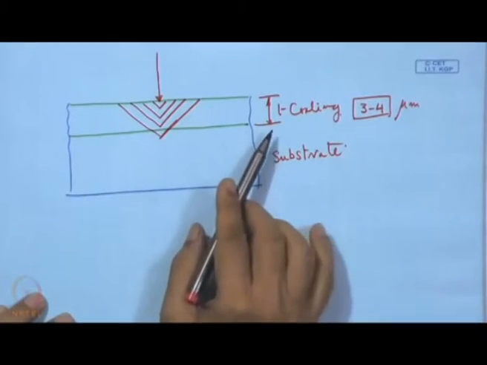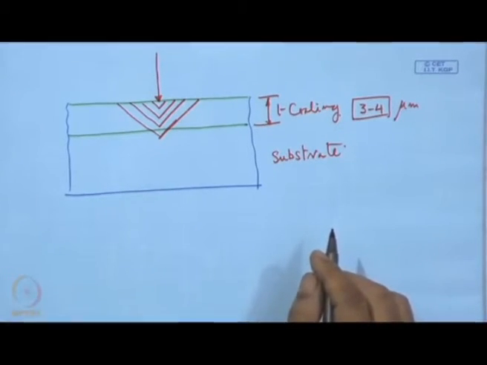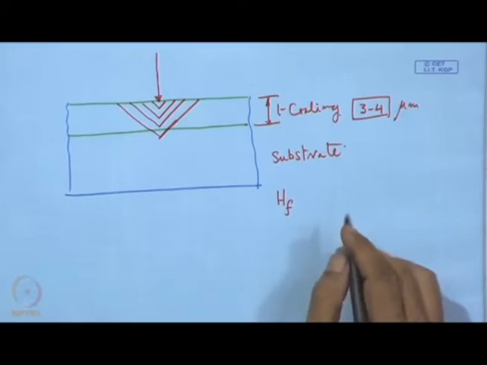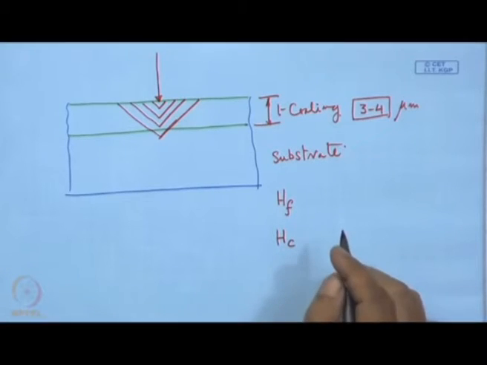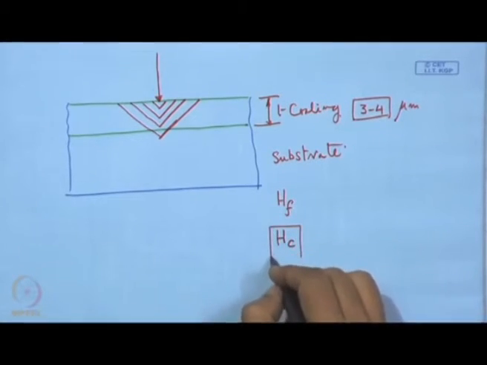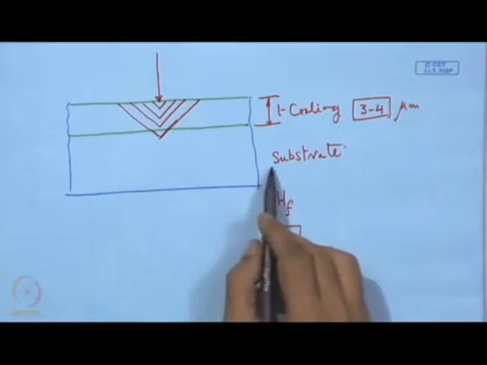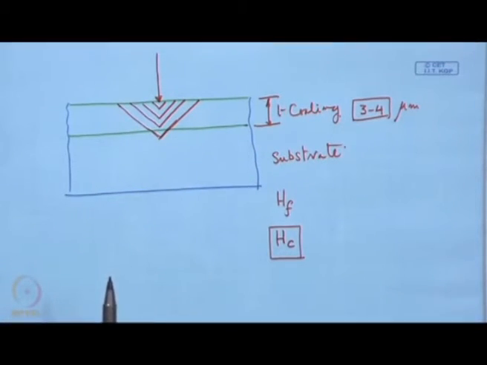Now, with the existing Vickers or Knoop, there is every chance that the coating depth will be exceeded by the depth of penetration, and in that case what we measure is not the hardness of the film or the coating, but mostly the hardness of the combination, that means coating and substrate, because this part is the influence of the substrate, and this part is the contribution of the coating.